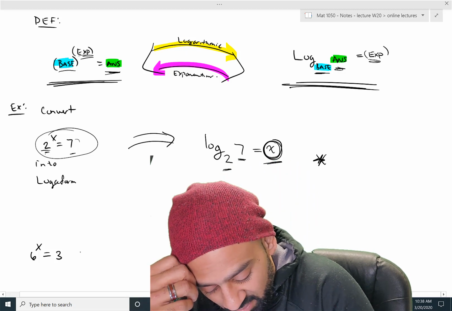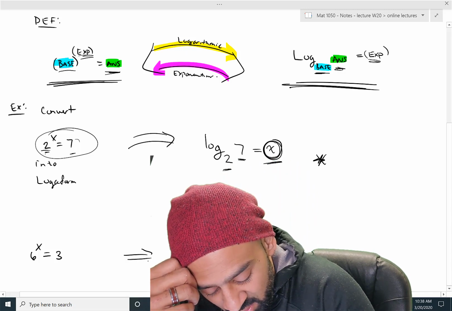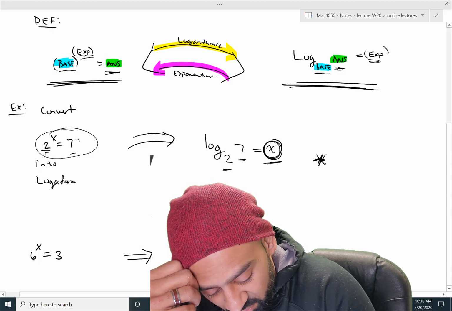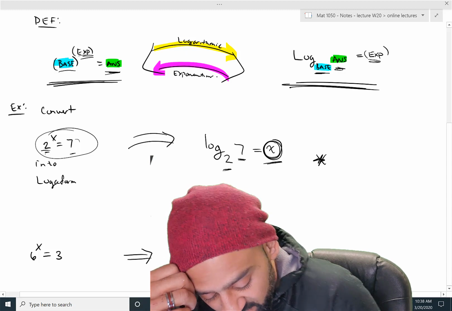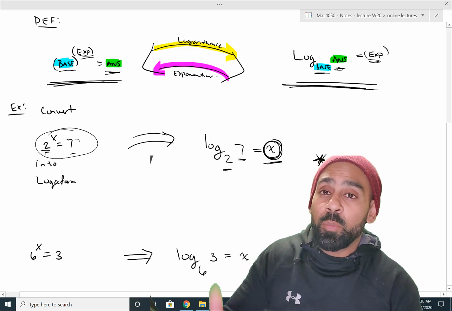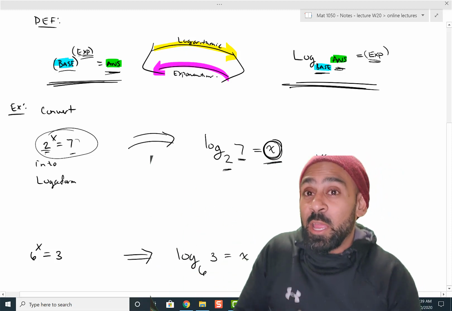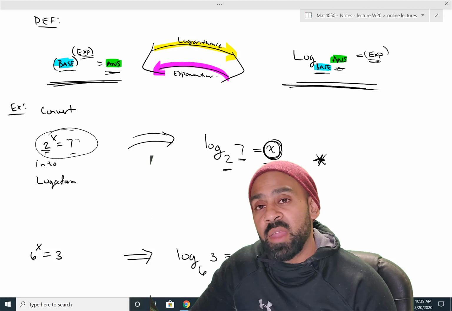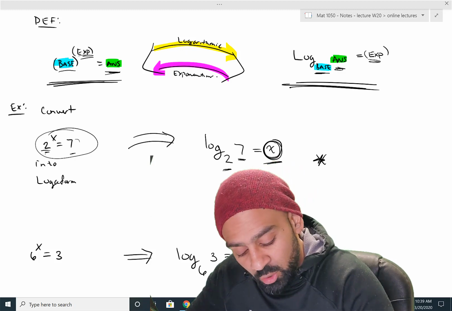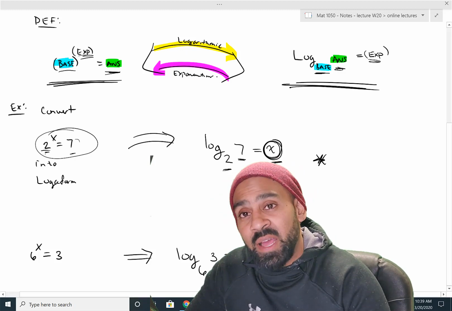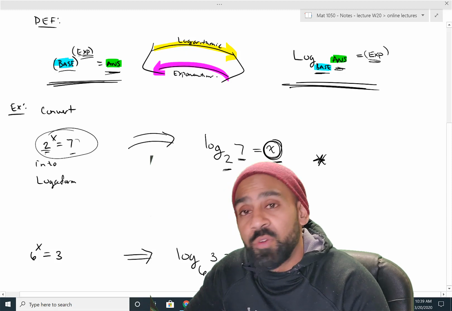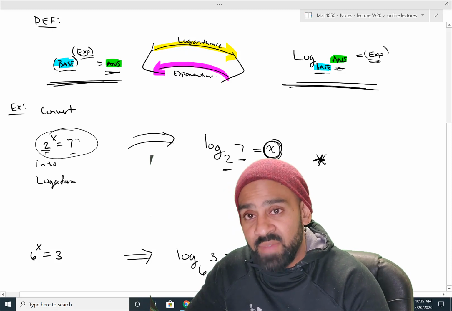That's what we need when we're solving for x, okay? So this is the problem I left you with, so let's do the same thing here. Log, what was the base that we used? 6. What was the answer? 3. And what would be equal to? X, okay? And yes, log base 6 of 3 is a number. The question is whether or not it's a number that we know. So sometimes logs evaluate nicely, and that's the whole focus of today's lesson, evaluating logs.